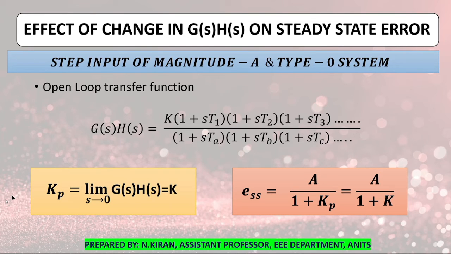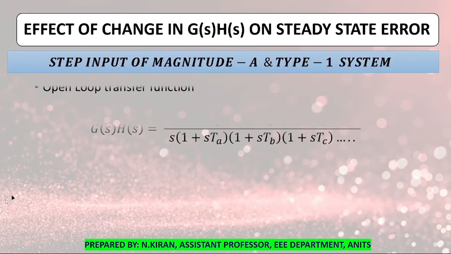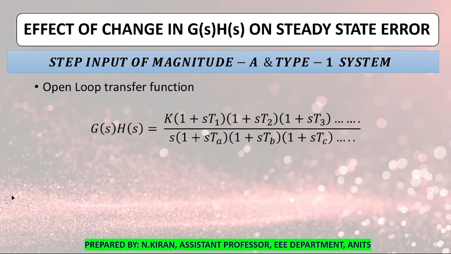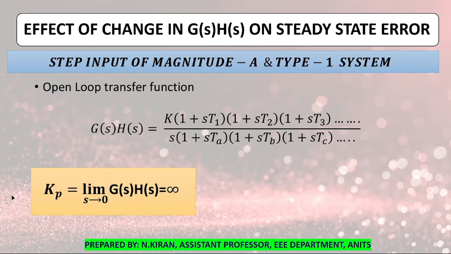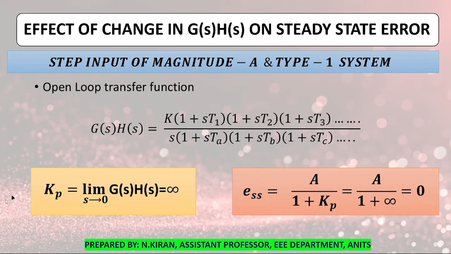Next, if I consider a type 1 system, then I'll get a single S term in the denominator of the open loop transfer function. In this case, Kp value will become infinity because of the presence of an S term in the denominator. And ESS, as we know, is A by 1 plus Kp.